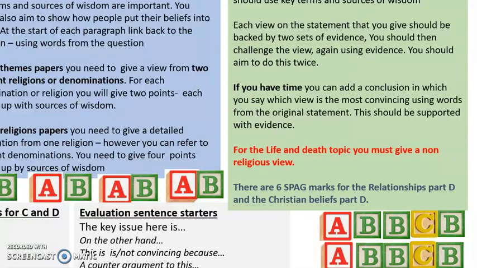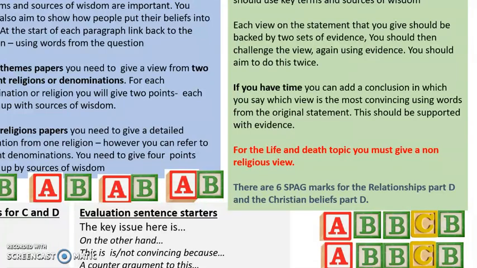Another tip is that if you are able to take a passage and interpret it in more than one way, Eduqas love that. For example, taking a teaching of St. Paul that talks about women being silent in church and saying, therefore, we should not have women priests, but then making the point that St. Paul's letter was sent to a particular community, and maybe that church had an issue with a particularly vocal group of women, and so St. Paul was telling those women to be quiet.